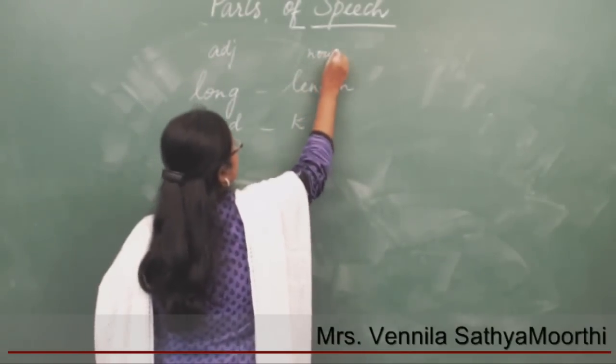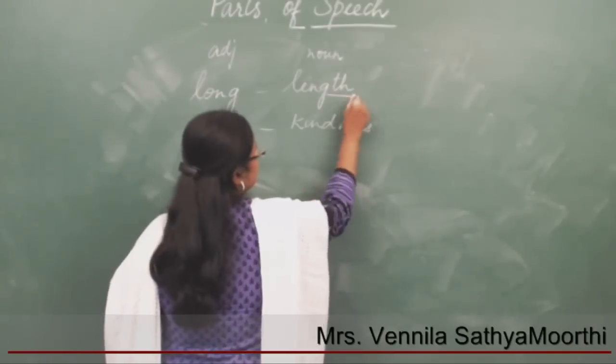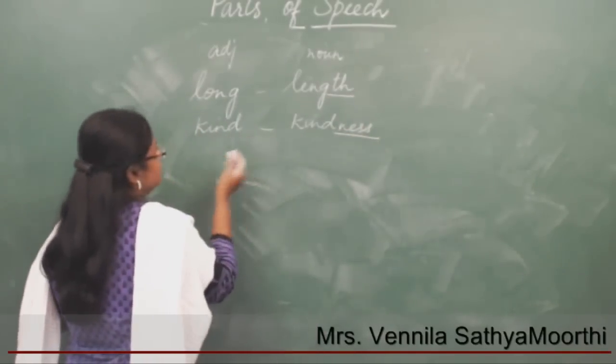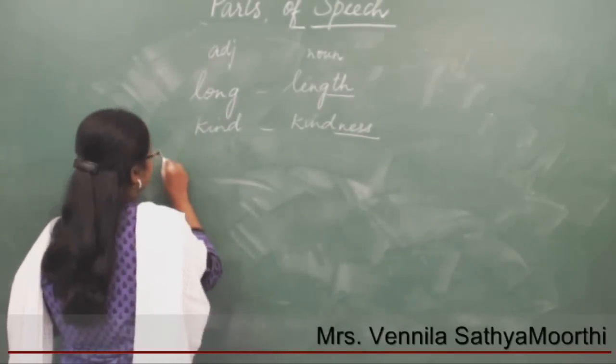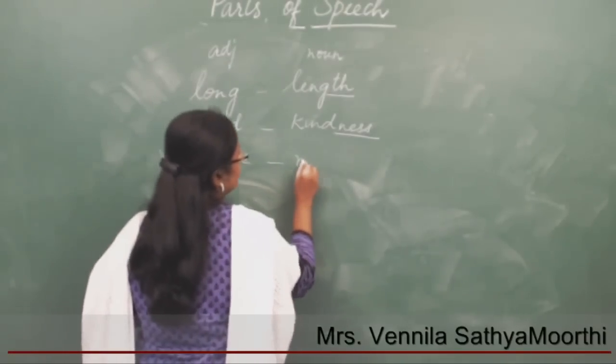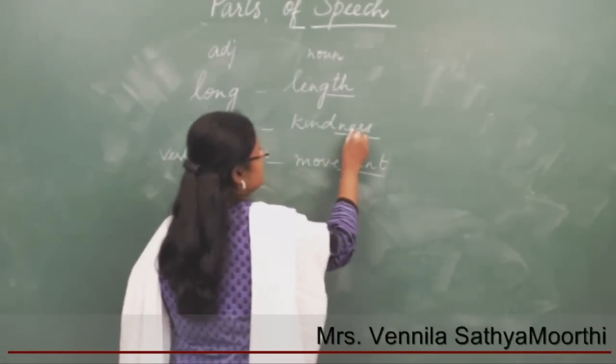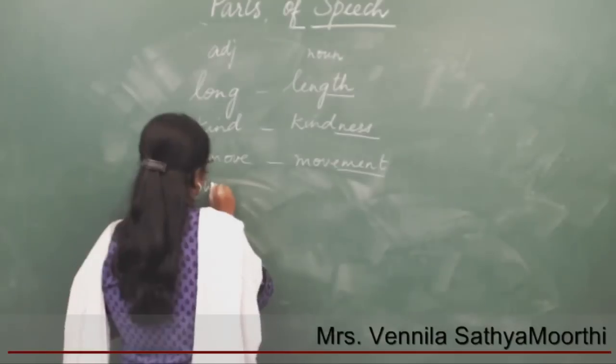Noun. This is how we form nouns. Sometimes this, sometimes ness. Then this is verb, move. Then movement. So we add ment or ness or th.